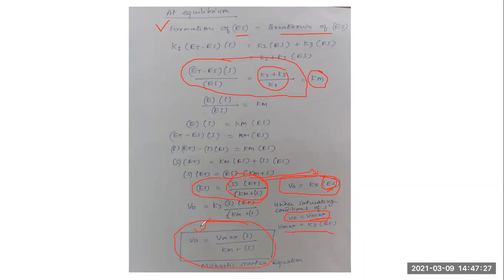This is the basis of all enzymology. You must understand, you must learn to derive this particular equation. So you need to practice it, and you need to understand how this equation is derived.